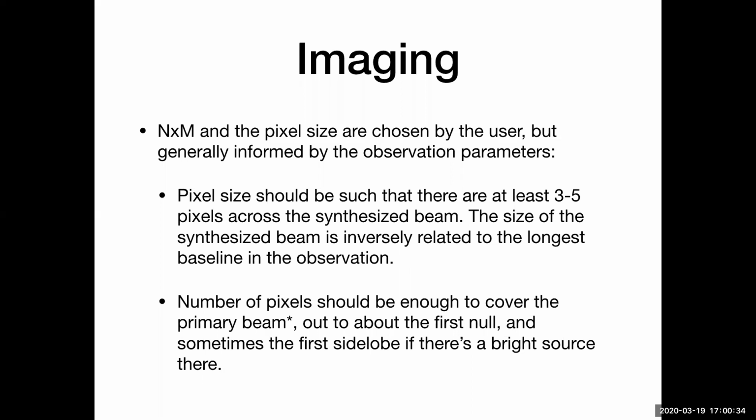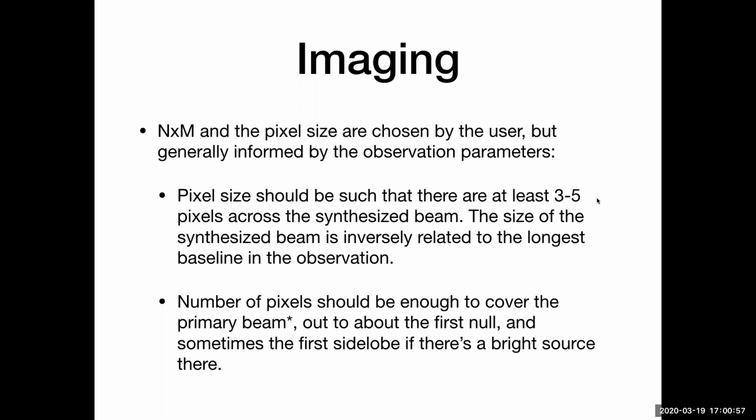I do have a quick question about the slide. It seems like these are two different conditions that you can use to choose your pixel size, your sampling of pixels. One is using either the synthesized beam or the primary beam, which I believe are different, right? Well, there are two free parameters at play and two input conditions.